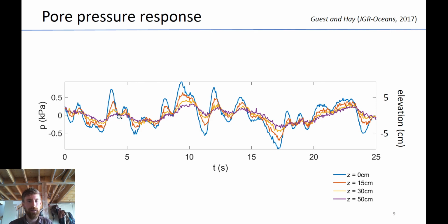So it's clearly attenuated in amplitude, and you can also see some phase lag in time. And our metric for quantifying attenuation was comparing the relative amplitudes of the pressure at bed level versus the amplitude at some depth in the bed.